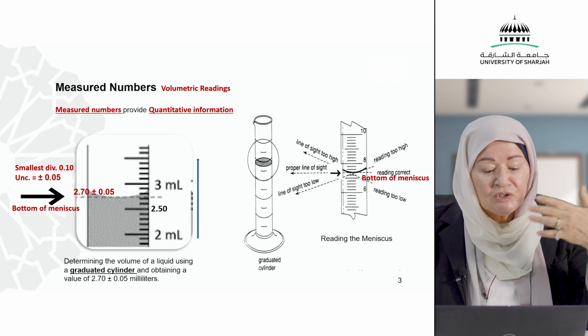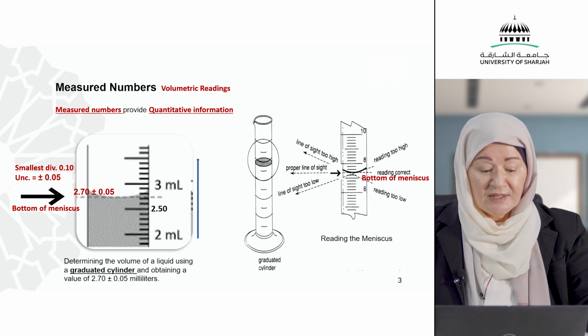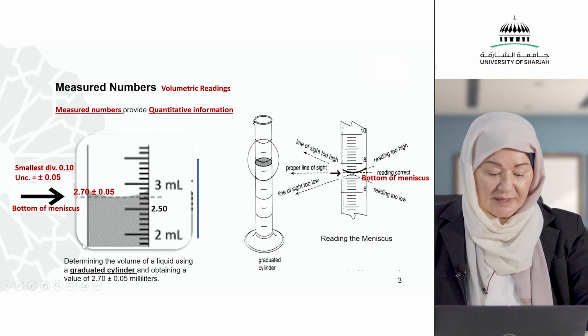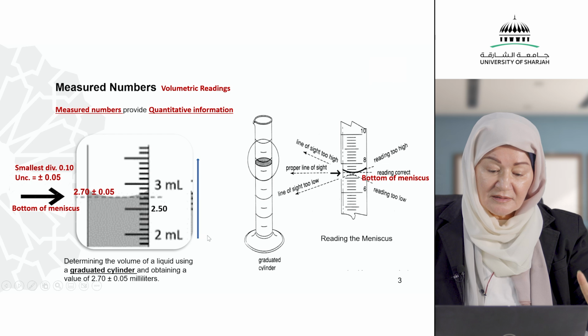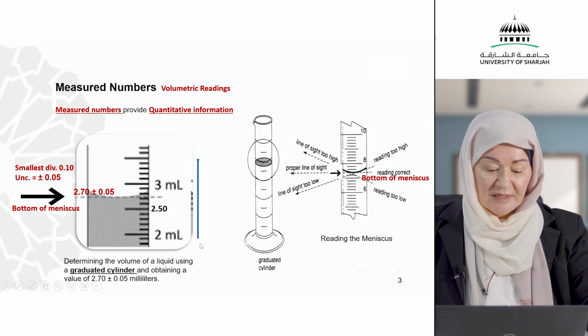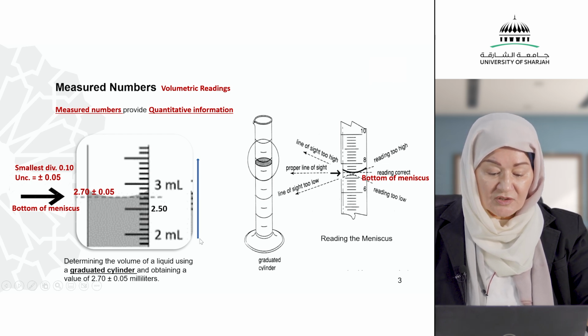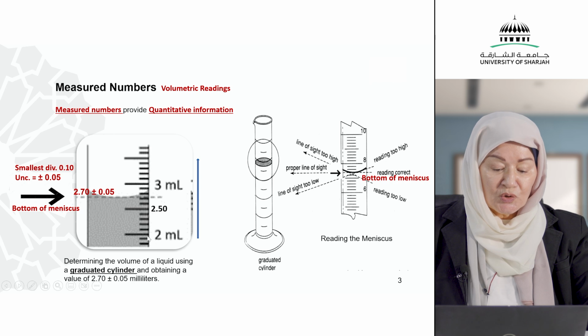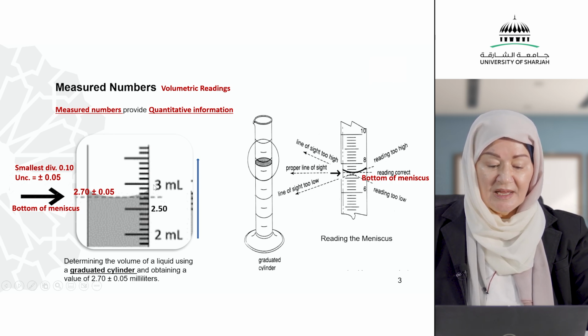Today, I am going to show you how we read a measurement exactly. Here I have a graduated cylinder, and I would like to note that with a graduated cylinder I read from down to up. Please check 2 milliliters, going upward 3, 4, 5.